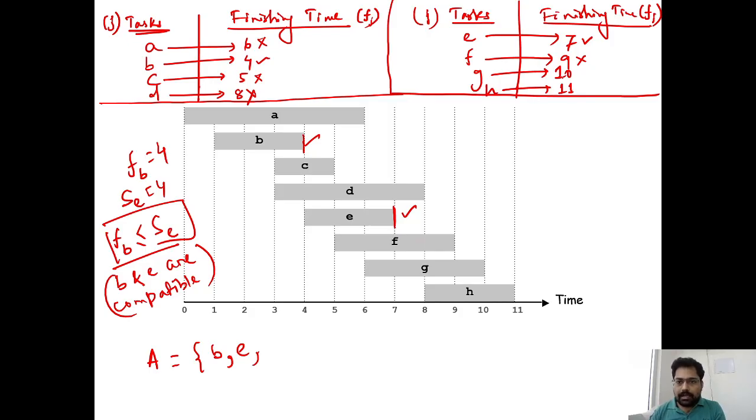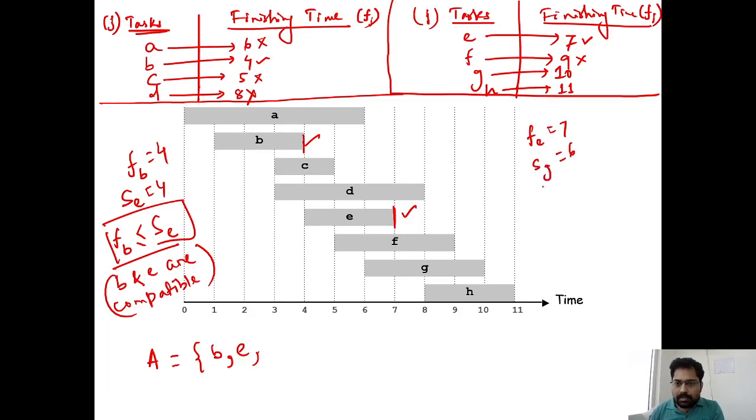Next, after 9, the 10 will be the next highest finishing time. So we have to check whether G could be selected or not. Oh, it's overlapping. Though it's overlapping, we have to remove it for a while. Why? Because you can check f of E is 7, and s of G is 6.